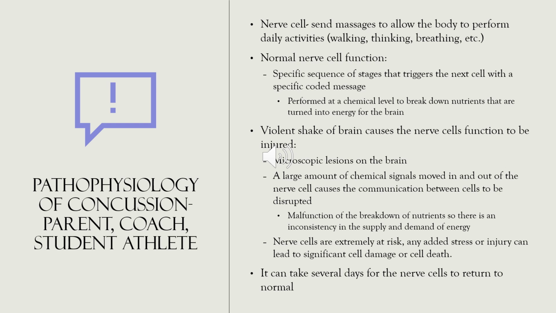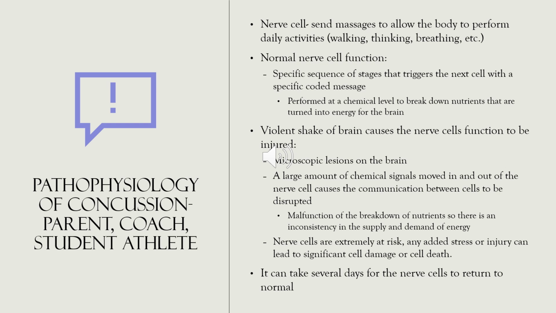When an athlete gets a concussion or experiences a violent shake of the brain, these nerve cells become injured, causing microscopic lesions on the brain and disrupting the brain's function. The injury to the nerve cells results in a large amount of chemical signals being moved in and out of the cells, causing an interference with the way cells communicate.